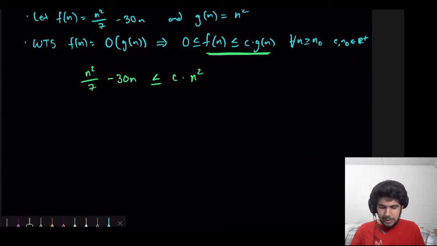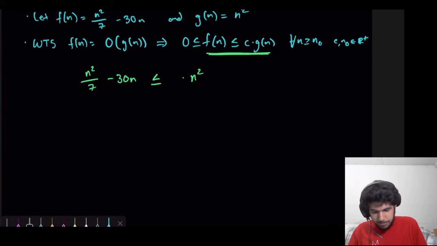So if we want this left-hand side to be less than or equal to this right-hand side, our constant c should be relatively big. Meaning it shouldn't be something like 1/14, because 1/14 is less than 1/7, and we want this side to be greater than this side. So we can choose c to be anything really. We just need to show that there exist constants such that this relationship holds. So I'll choose something big.